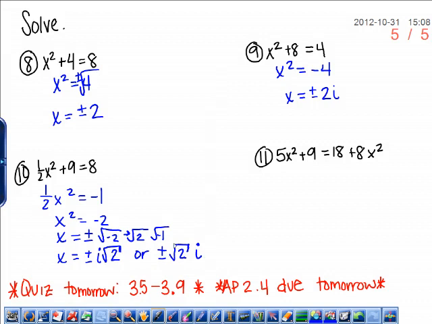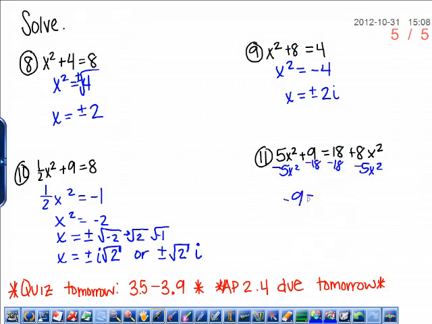Okay? All right, look at 11. 5x squared plus 9 equals 18 plus 8x squared. What should we do? Good. Let's get the x squareds on one side and the real numbers on the other.